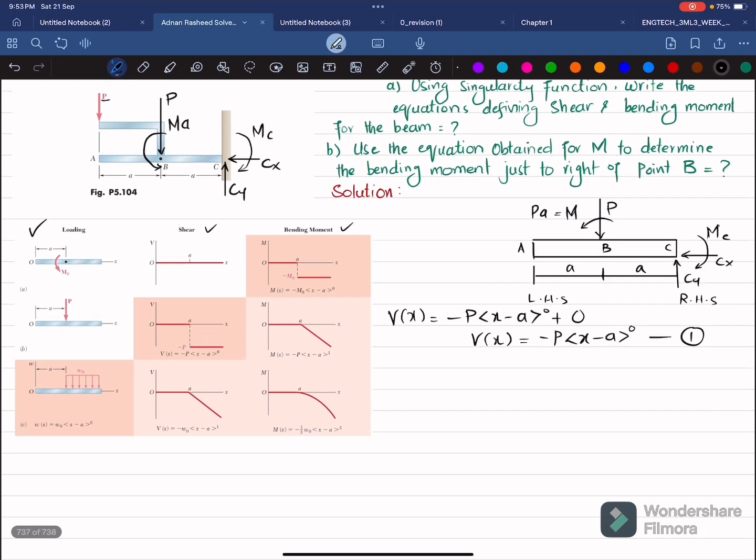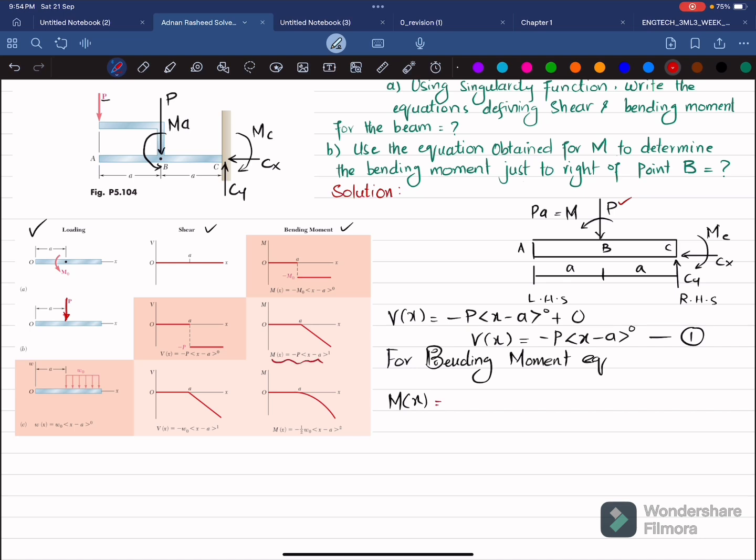Now moving to the bending moment equation. I will write M of x. Again, for a load of P, you can see this is P that is acting downward. So the bending moment equation is this one.